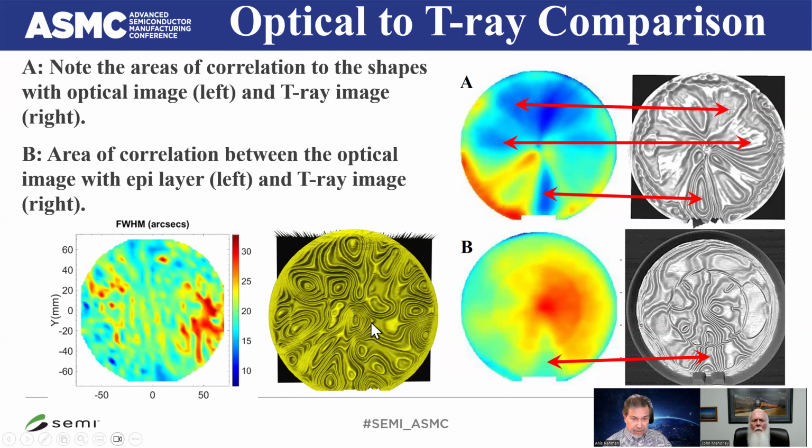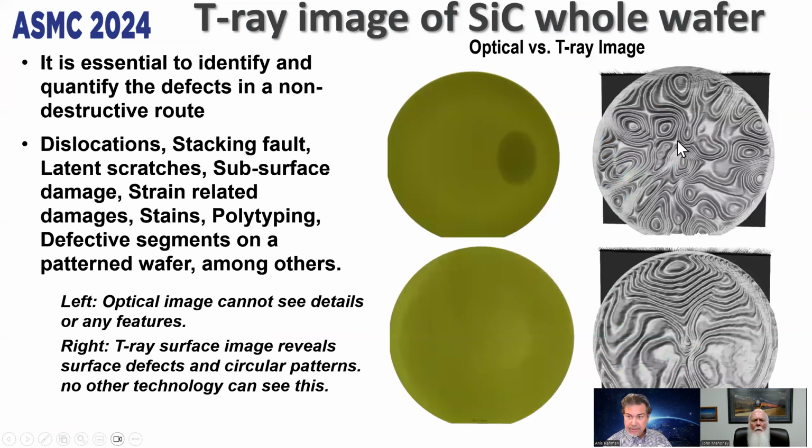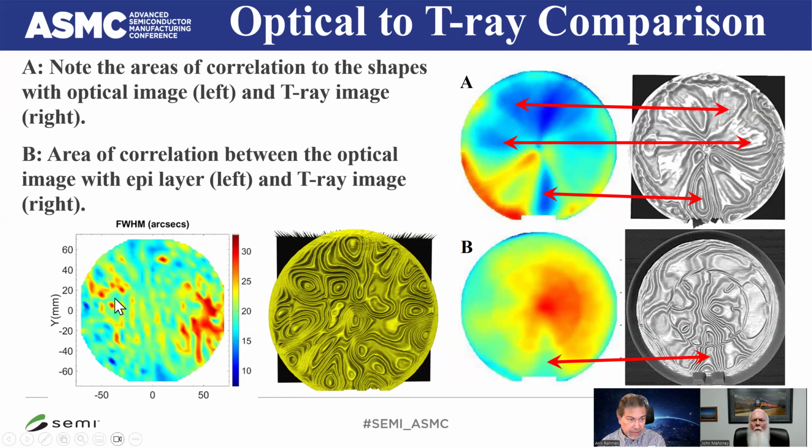This wafer is probably the same as this one in the upper right corner, and when you see it with X-ray, X-ray doesn't do a good job either. X-ray has its own purpose, which it does very well, but seeing all the features within the wafer is not one of them. That's what I'm trying to say.